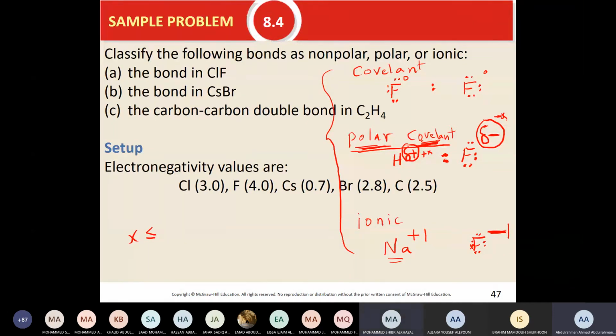Not even equal. It must be less than 1. The partial of the positive greater than 1? No, it will be less than 1 also. X is less than 1, and the X for the other one is also less than 1.